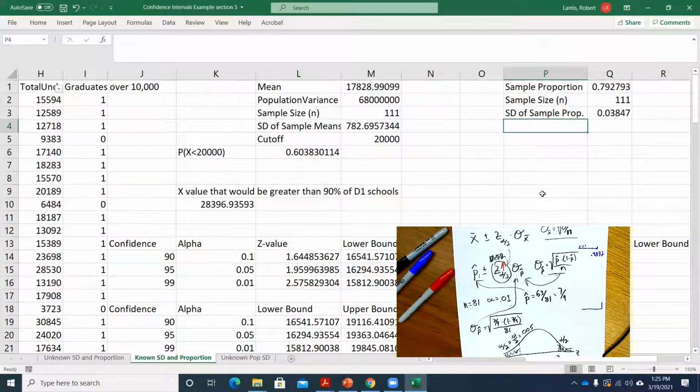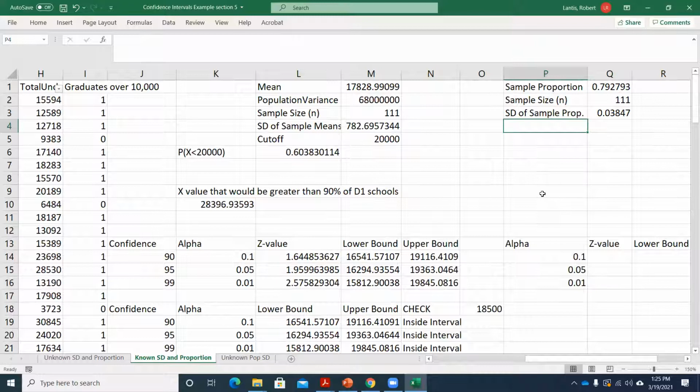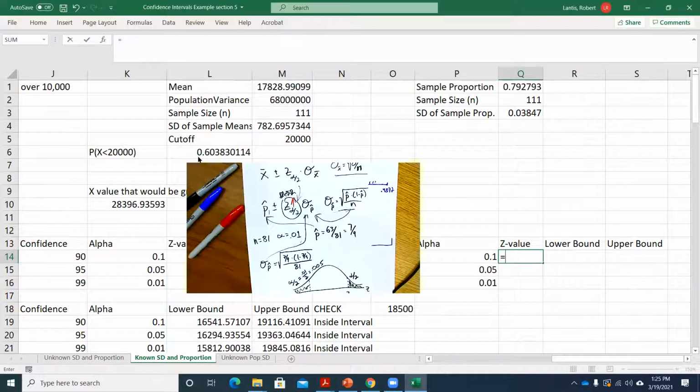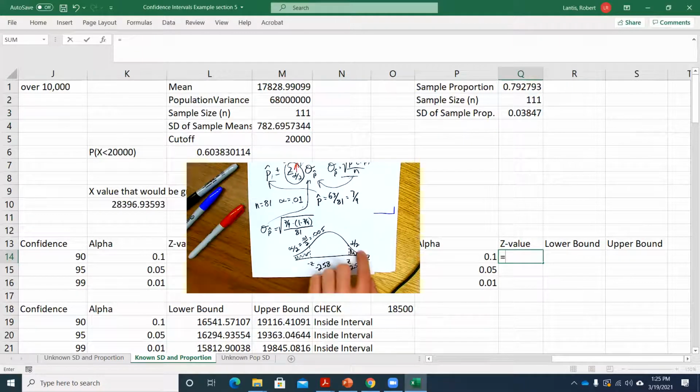The only thing left I need is that z-score, right? So I'm going to go down here and hopefully remember what we did last class. So if I want alpha over 2 in the tail, and I want to find the z-score that corresponds to that, right? We know the area that we want in that lower left tail was alpha divided by 2.